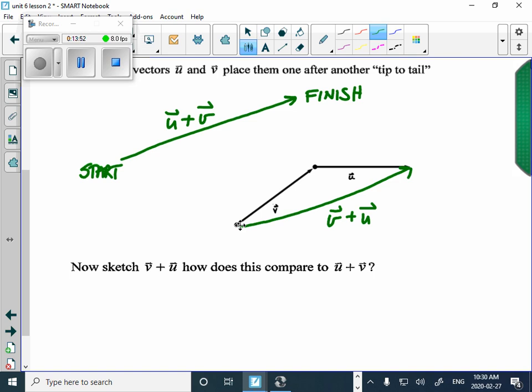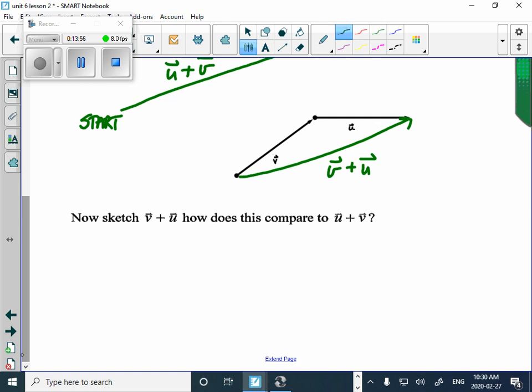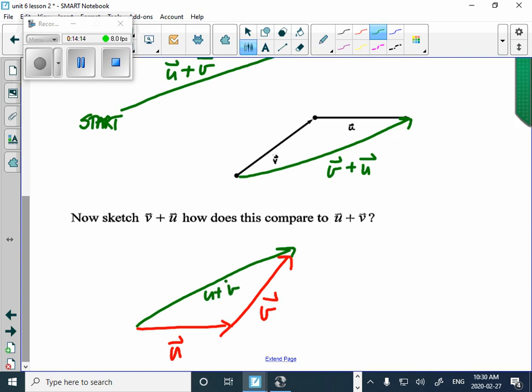So this is called the parallelogram law of vector addition. I'm going to try and draw a diagram. So if you have vector u plus vector v, and you add them together, u plus v, that would be the same as vector v, I'm trying to make them parallel, plus vector u.